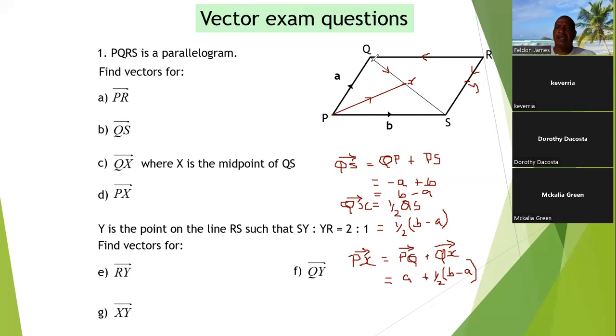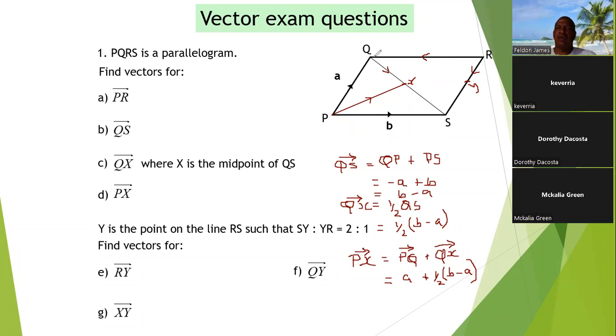All right. So we want to go from R to Y. And we are saying that we can go from R to Q. You see, we can go this way too now.